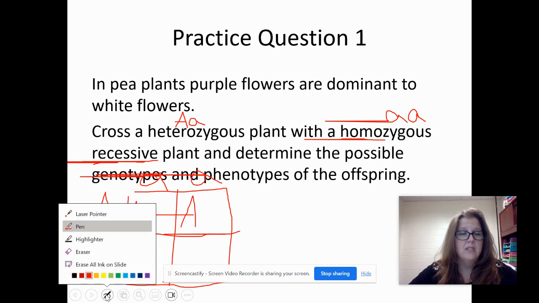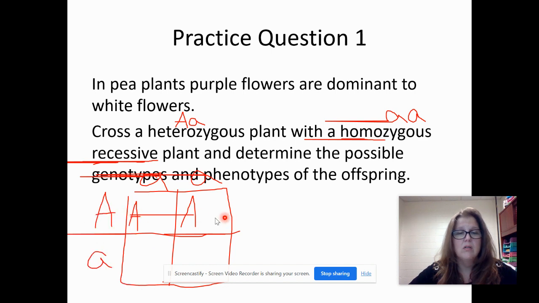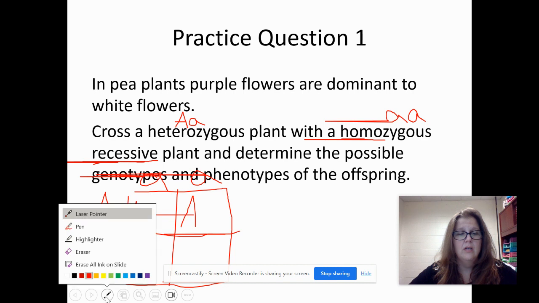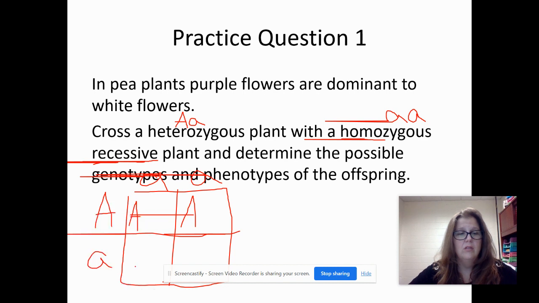So what happens is it is filling this whole row with that. So you have a big A here, a big A here, big A there. Same thing with this little a at the bottom. Little a, little a.